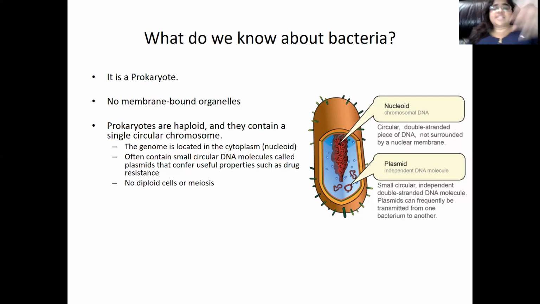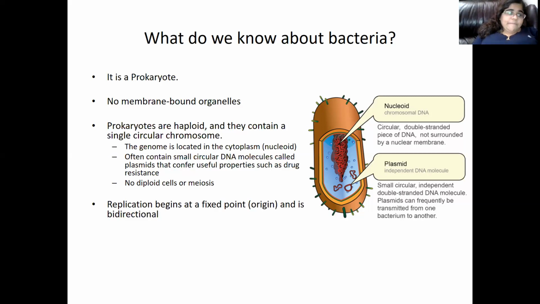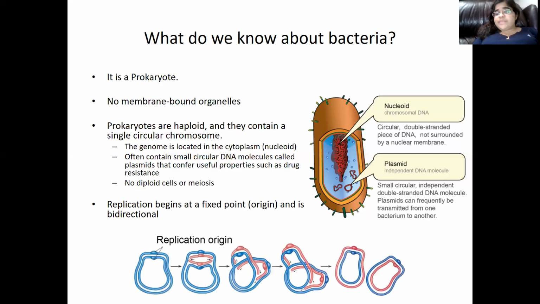But in the case of bacteria, they do not change into a diploid cell. And in this case, they do not undergo meiosis. So replication begins at a fixed point, but it is bidirectional. We will talk more about how replication works in the next session.